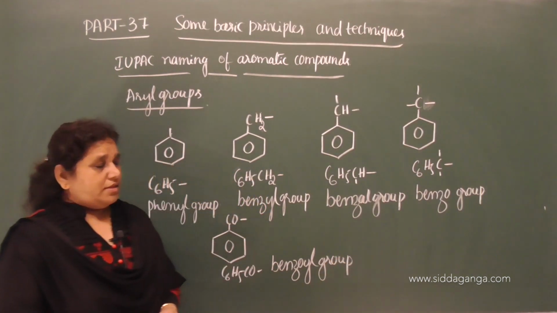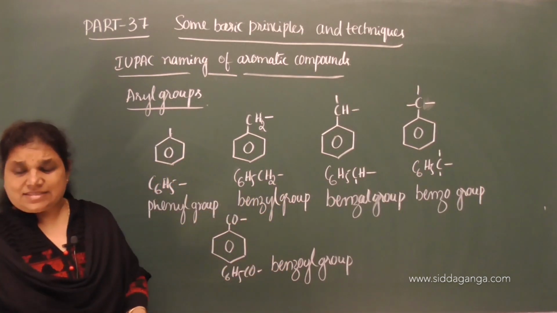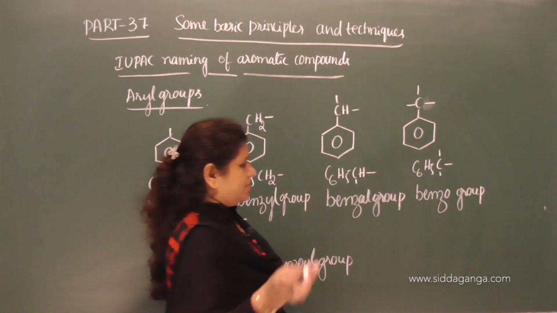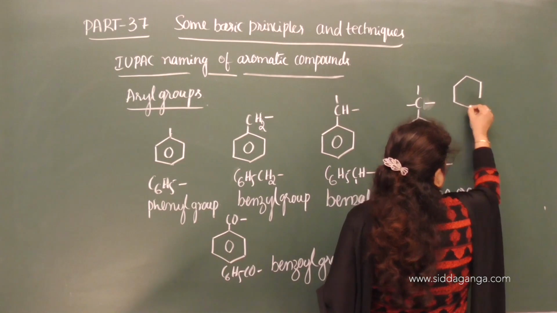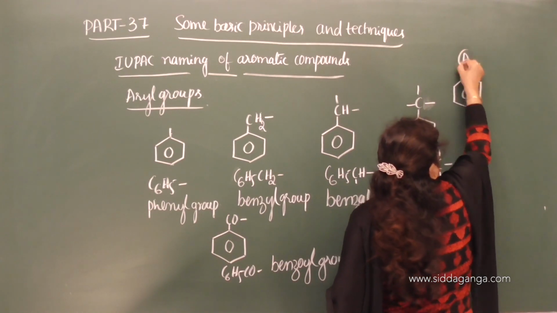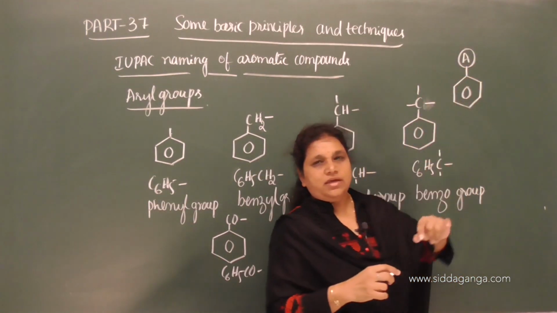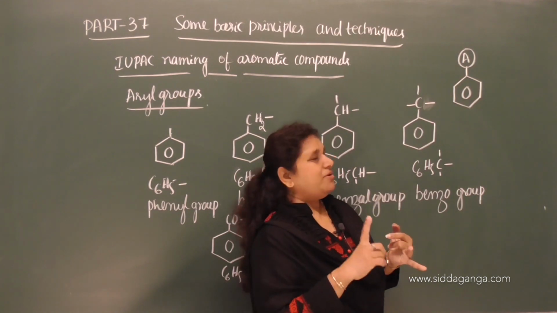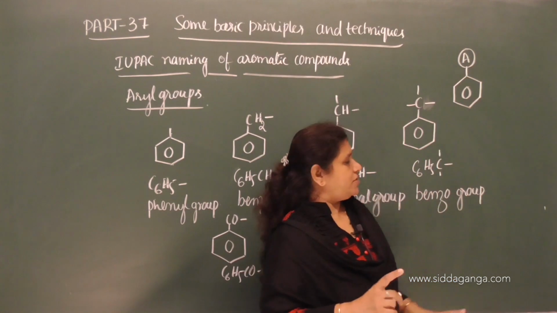So, when monosubstituted benzene has a side chain, consider this is the benzene ring, correct, and as we said, here is a monosubstitution, let it be A, and this A may be a substituent group or it may be a functional group.